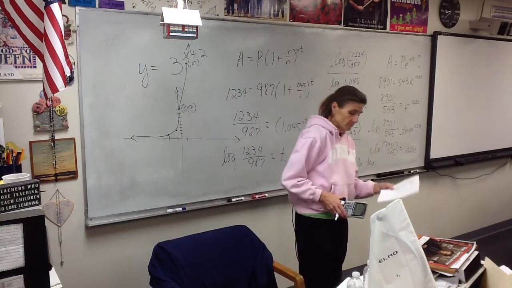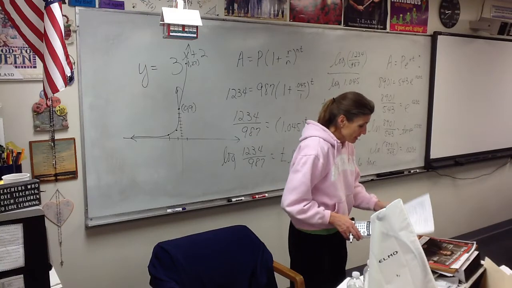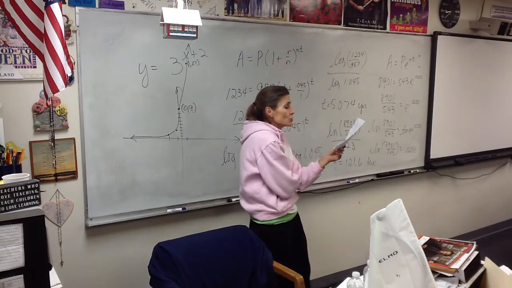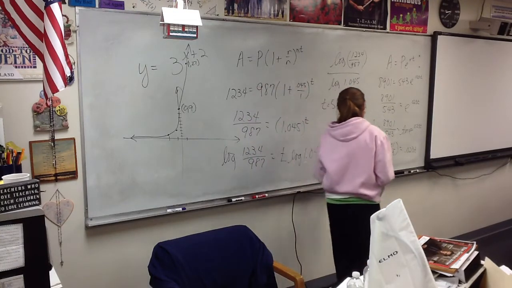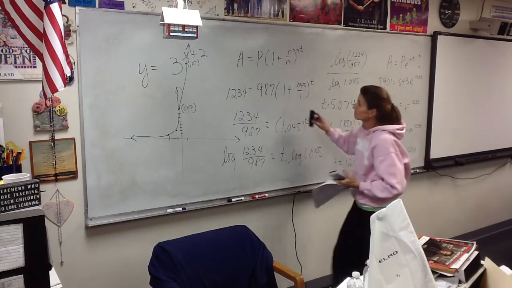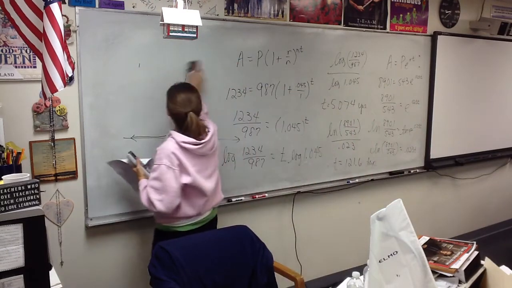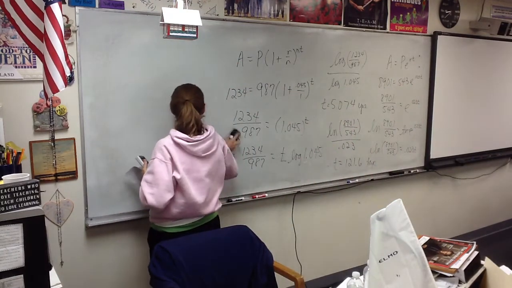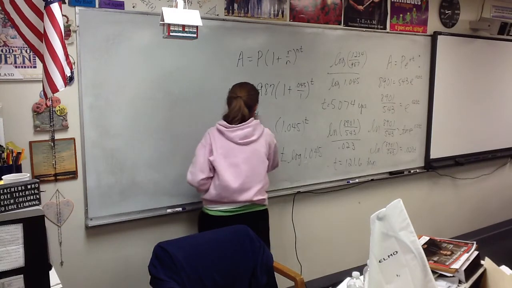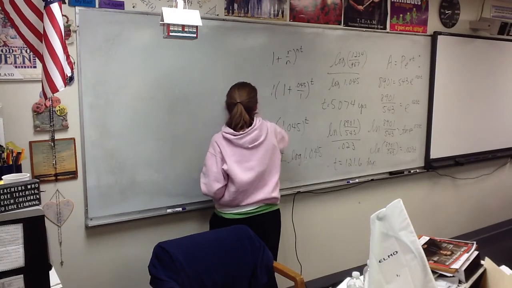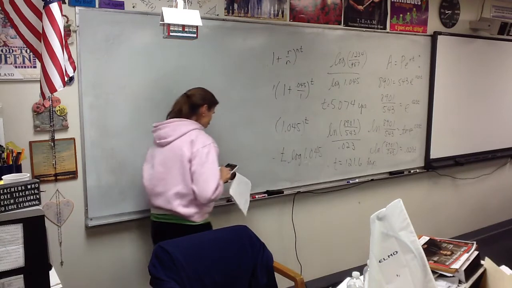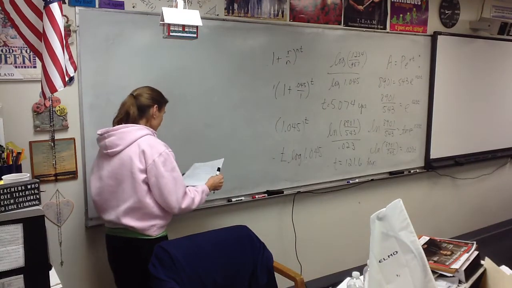Okay, here we go. Now we need our calculators. This is a regression problem. This is where we put our numbers into the list, remember, in stat? So here we go. Let's look at what we've got.